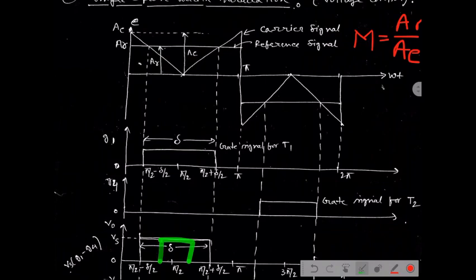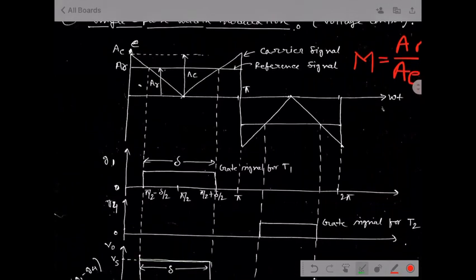That means this reference signal can be varied maximum from 0 to the same amplitude of the carrier signal, AC. If AR can be varied from 0 to AC, then the width of the output voltage of the inverter will go from maybe this part to this part. That means we can easily control the width of the output voltage of any kind of inverter by using appropriate gate pulse and the pulse width modulation technique.